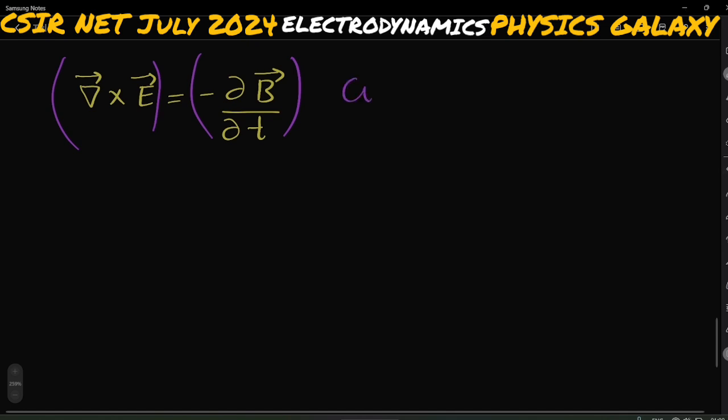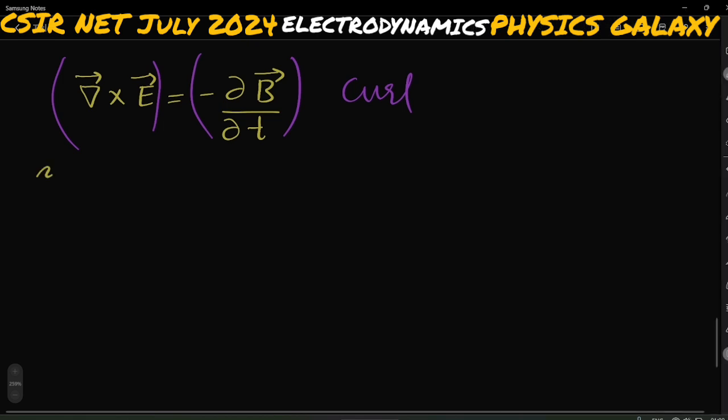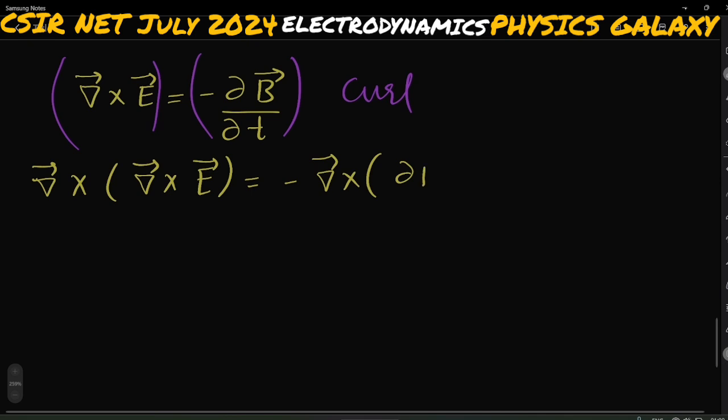So if we take curl on both sides, what will we get? We'll get curl of curl of E equals minus curl of dou B by dou t.